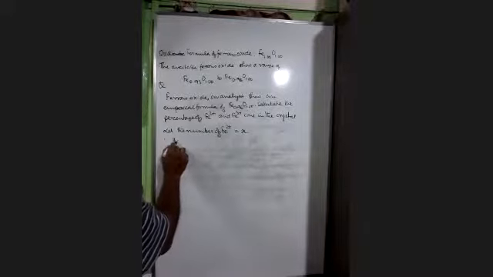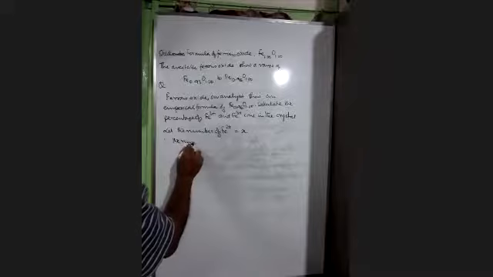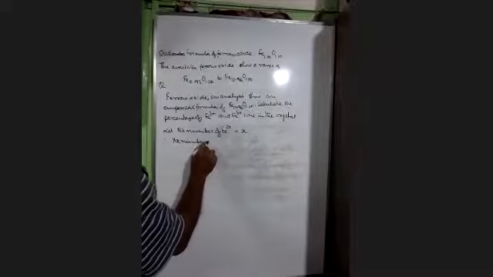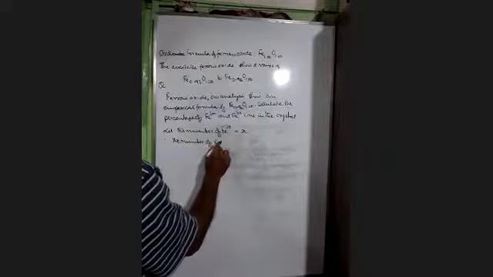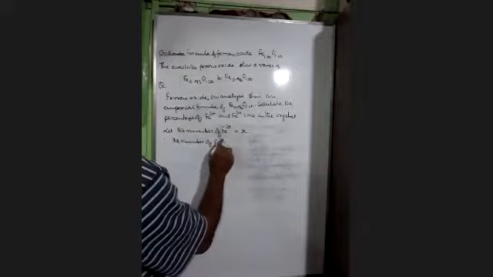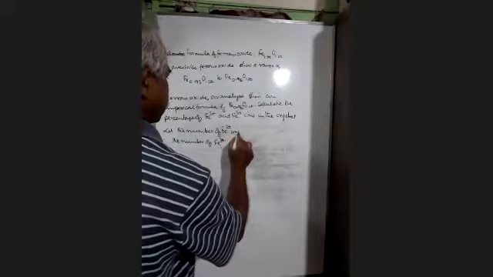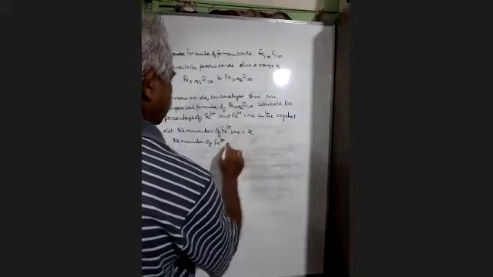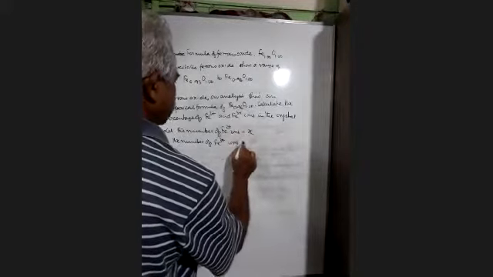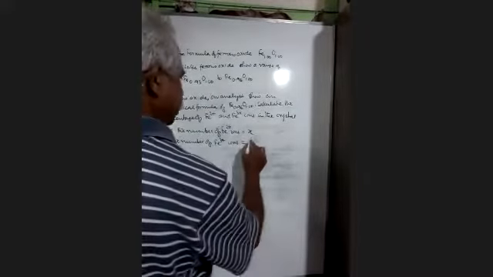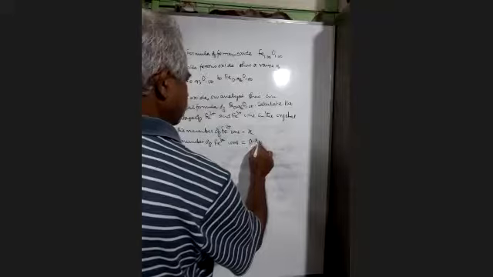Therefore, the number of Fe3+ ions, see what is the total number? 0.96. It will be what? 0.96 minus x.